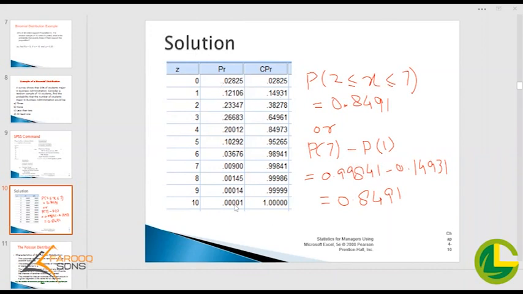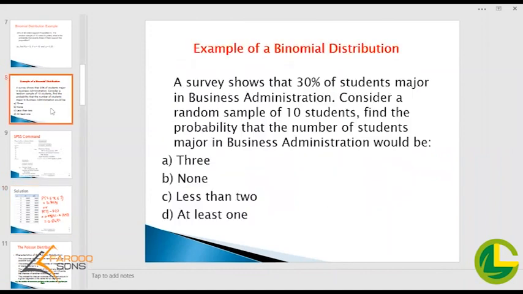The output, I copied down here. If you go back to the slide, you can see this was the question: 3, none, less than 2, at least 1, at most 2. There are many questions the exam will give you. Probability lies between 2 to 7. We can make these, and most of the questions here, no problem.